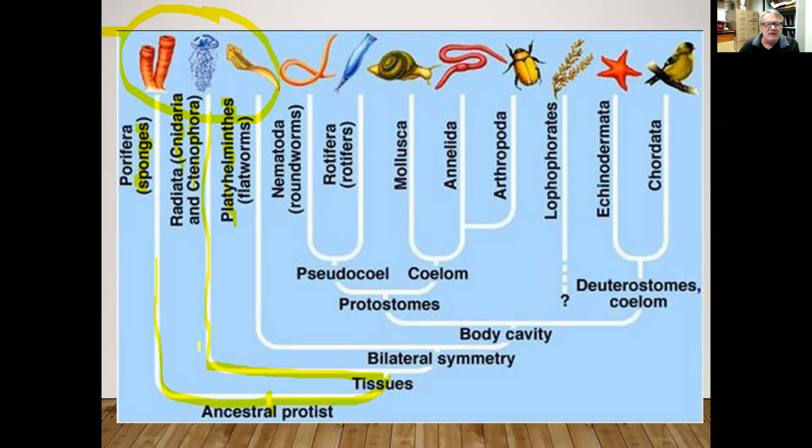And then the development of tissues, the very first tissues being the cnidaria and the ctenophora, but these are diploblastic organisms. And then we get the very first triploblastic organisms, but these are branches away from the body cavities.